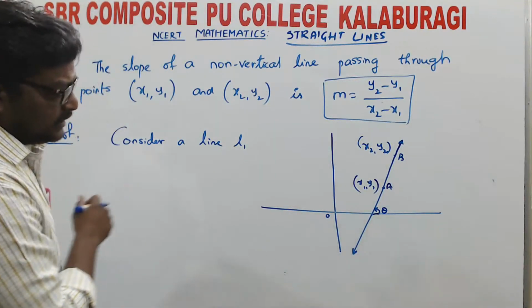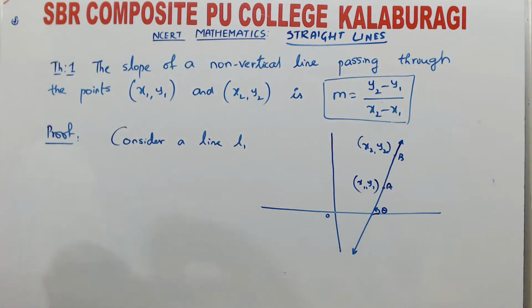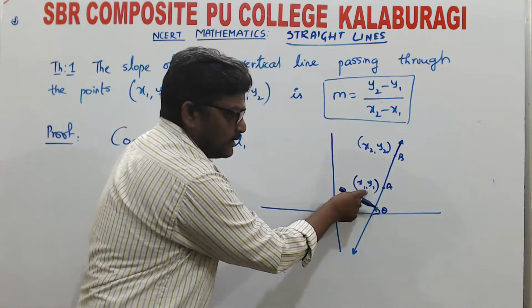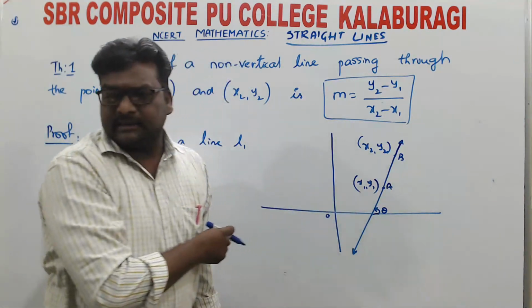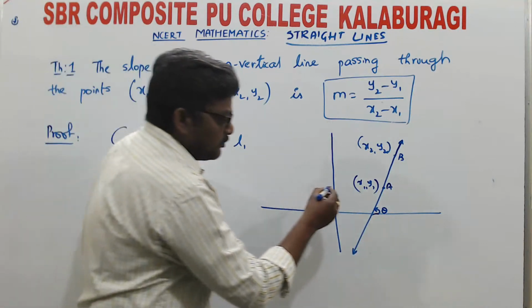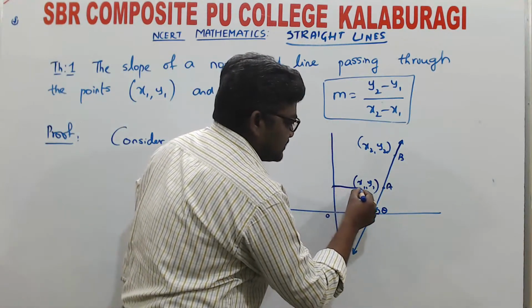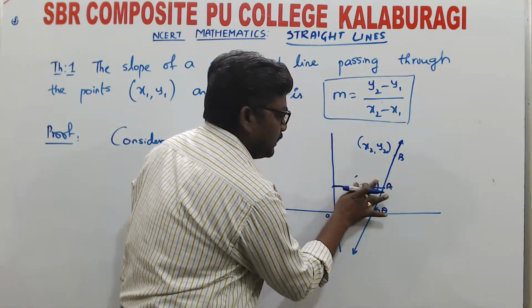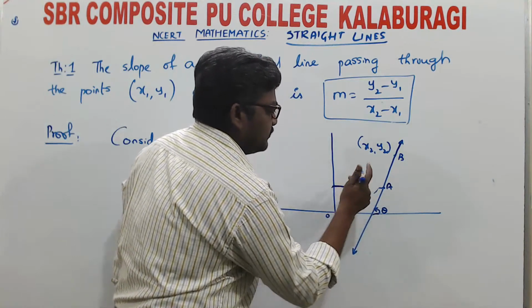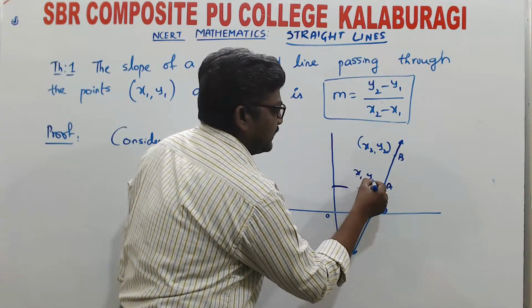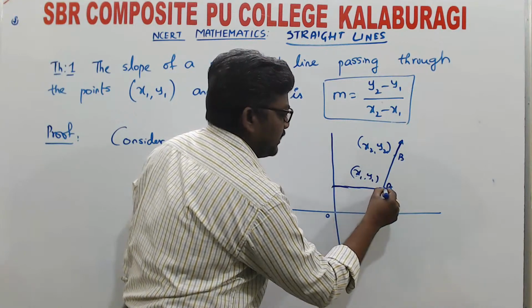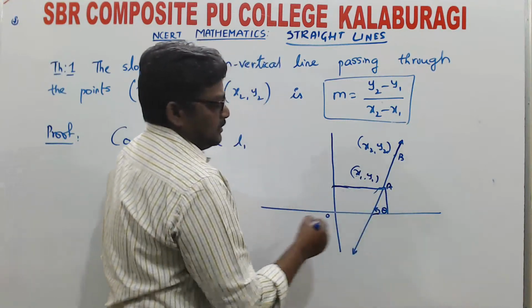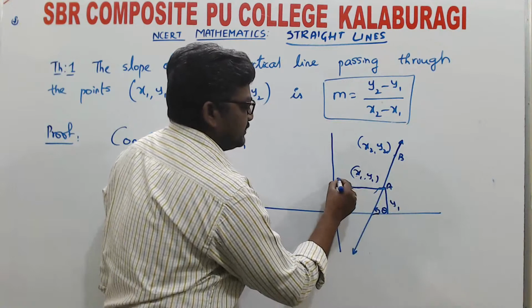Now with this, whenever a point is mentioned on the coordinate axis, we have learned we have to mark the distances from the x-axis and y-axis. That means this is A, and this is y1, and this is x1.